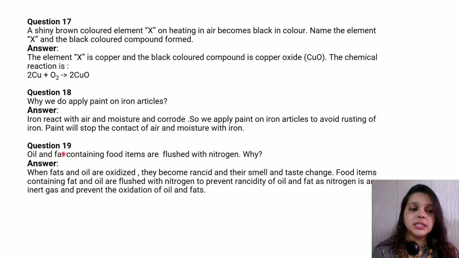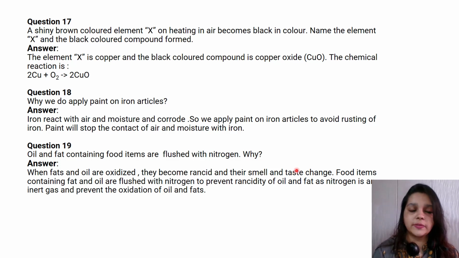Question 19. Oil and fat containing food items are flushed with nitrogen. Why? So we are going to fill it up with a lot of nitrogen. Why do we do that? When fats and oils are oxidized, rancidity is involved here. When fats and oils are oxidized, they become rancid and their smell and taste changes. So rancidity is what? The food going stale.